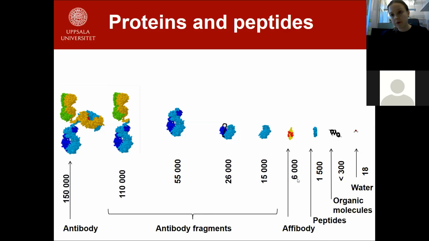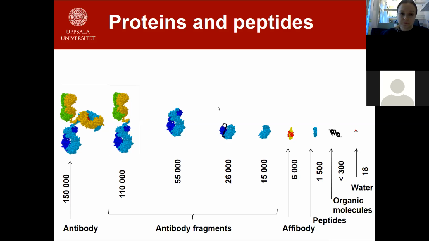They're called affibodies. Maybe you have heard about them before. Affibodies are about 6 kilodalton in size, and then there are also shorter peptides, such as about 1.5 kilodalton, and then of course there are small organic molecules less than 1 kilodalton that could also be used for targeting.